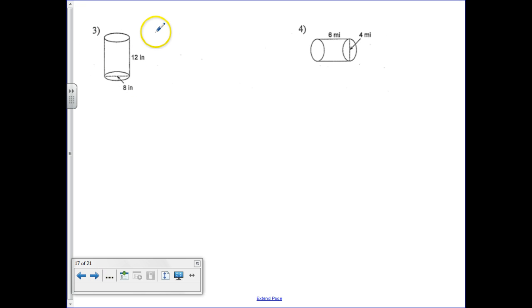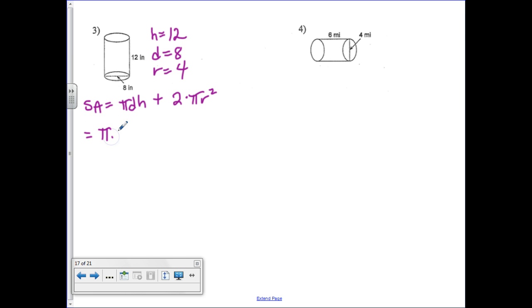Thank goodness this one is standing upright, so I can just peel off my dimensions. Height is 12. The diameter is 8, which means my radius is 4. My surface area formula says take the perimeter, which is pi times diameter, times the height. That gives me the sides. And then I have two bases, which are pi r squared. Here we go.